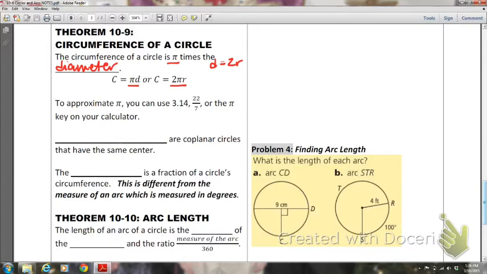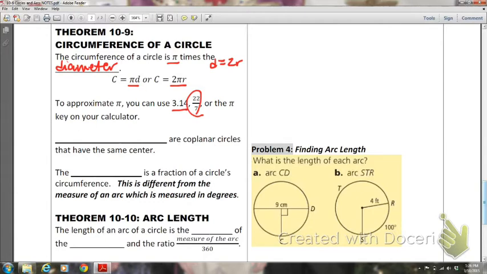Depends on what the problem gives you as to which one of those you might want to use, whether it gives you the diameter or the radius. So to approximate pi, you can either use 3.14, you could use a fraction 22 over 7, or you can use the pi key on your calculator, which is really the easiest thing to do.